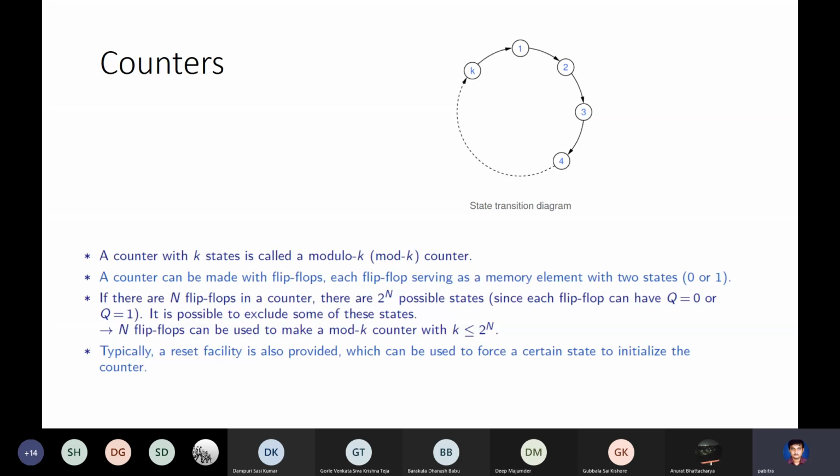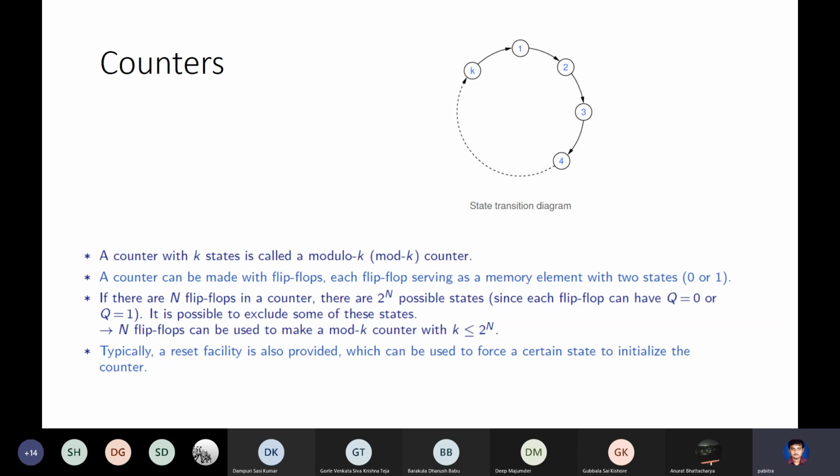Again, each of these flip-flops can be either level triggered or clock triggered in two ways. One is an on-clock trigger: whenever the clock is on, this is enabled, it is activated. Or it can be edge clock triggered. That means at the leading edge, the up edge of the clock, it can make a change.